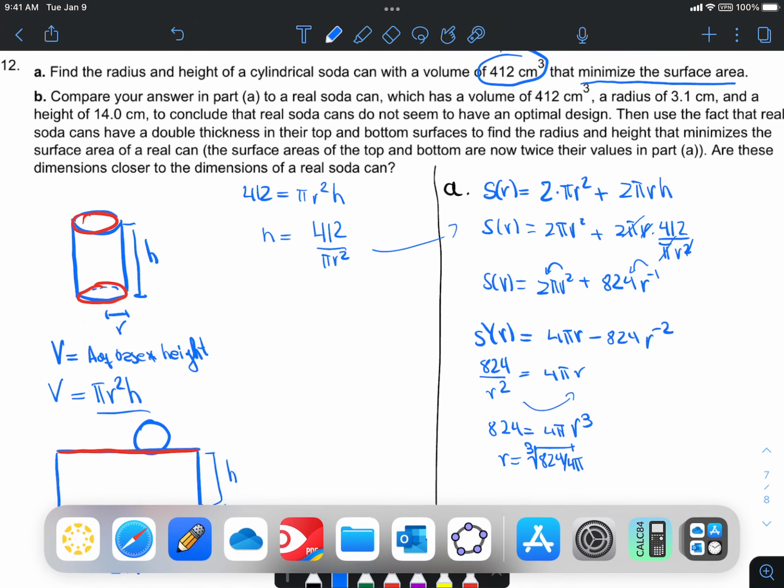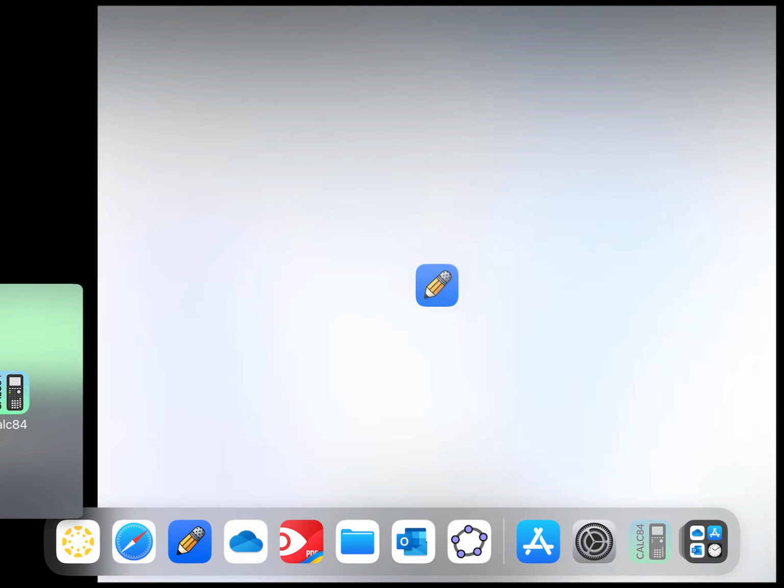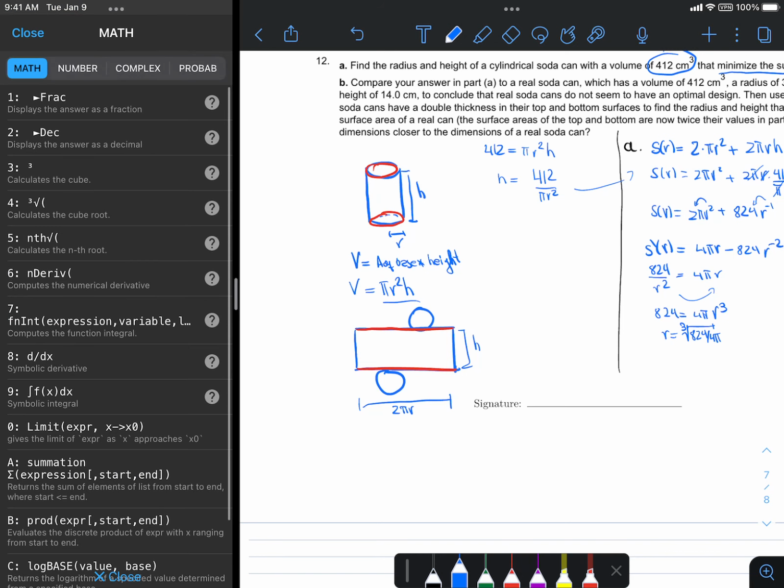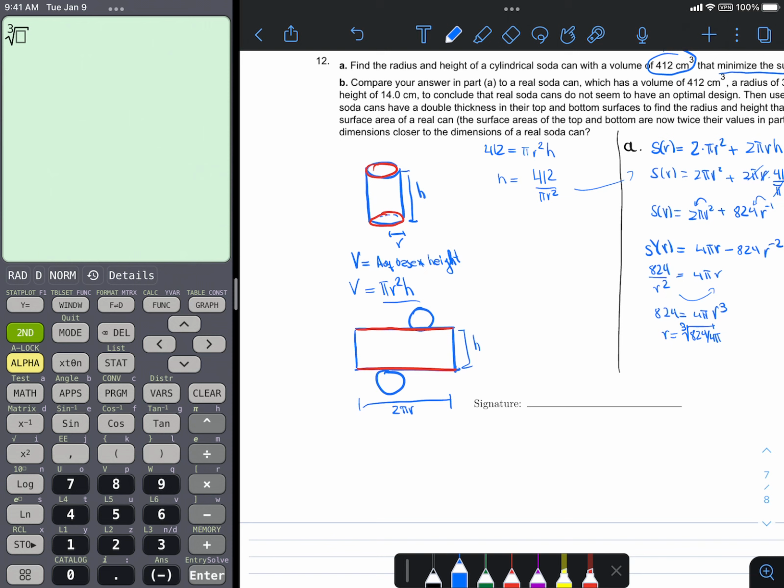So let me bring out my calculator to do the math. So this will be the cube root of 824 divided by 4 pi.